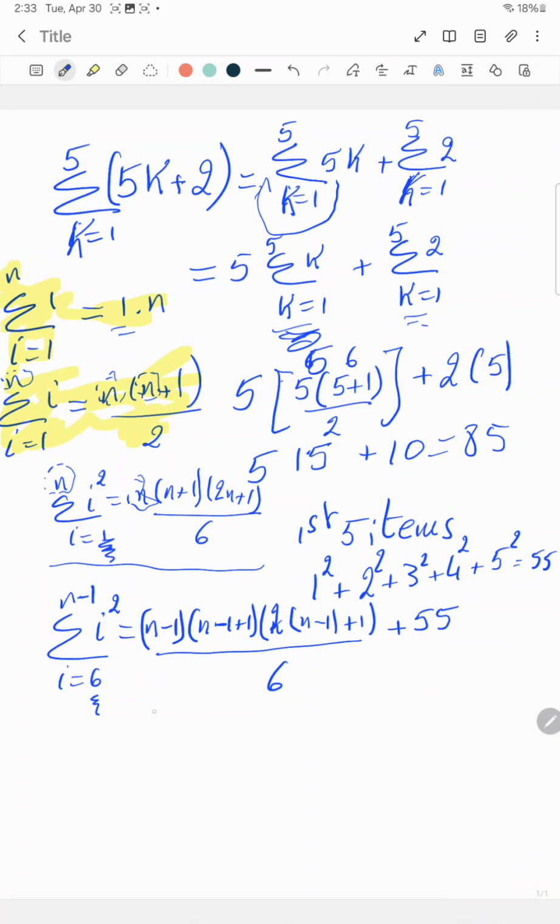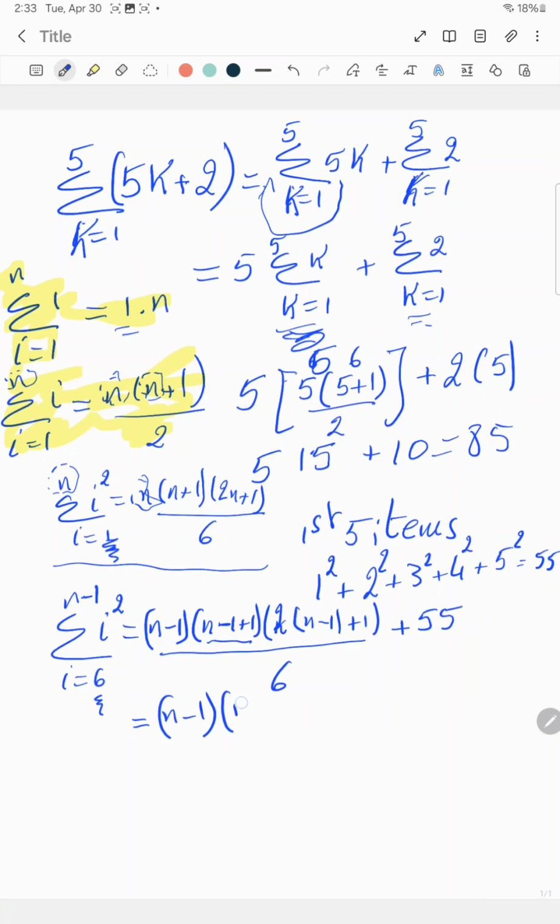So here it will be equal to n minus 1, and this minus 1 plus 1 is 0, times n, and here is 2n minus 2 plus 1, divided by 6, plus 55.